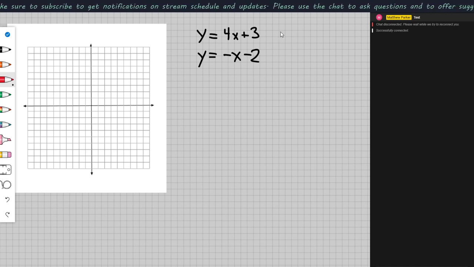So I'm going to graph this line in red, and it helps to color code, especially if you're graphing and you're not sure which line is which. Let's graph the red one first. This is already in slope-intercept form, y equals mx plus b, where b is our y-intercept, so I'm going to put that at 3.